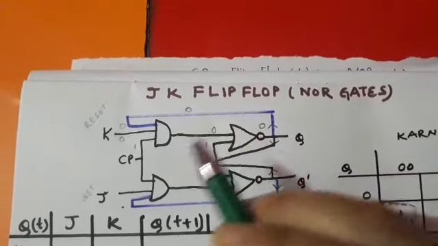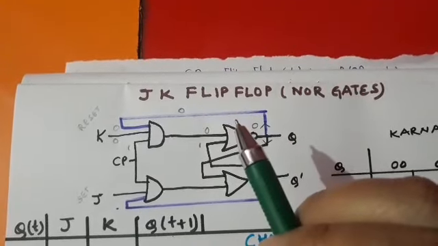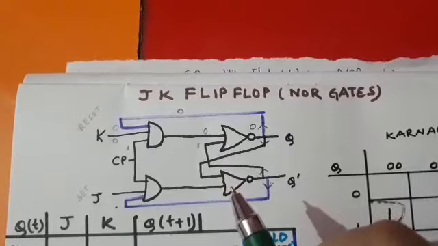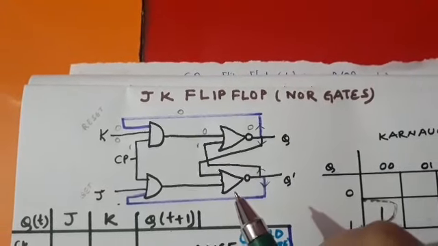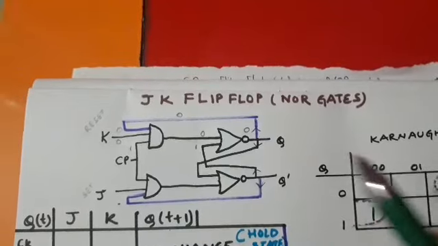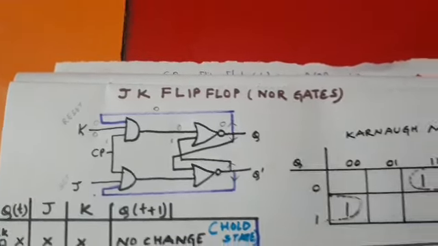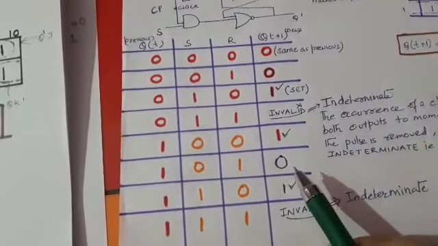And why do we have this? Because this JK flip-flop solves the problem of, if you remember, the invalid state or indeterminate state that we have in our RS flip-flop. Let us look at this truth table to see what the problem was.